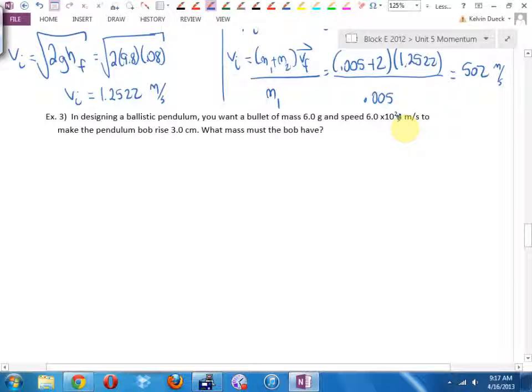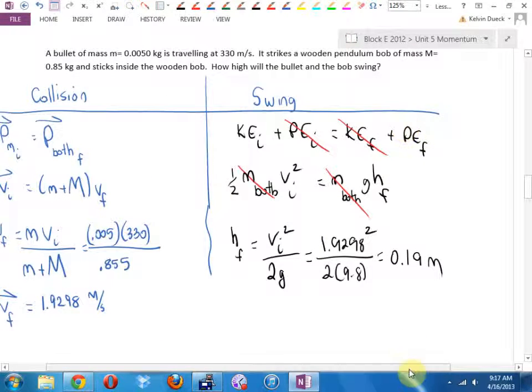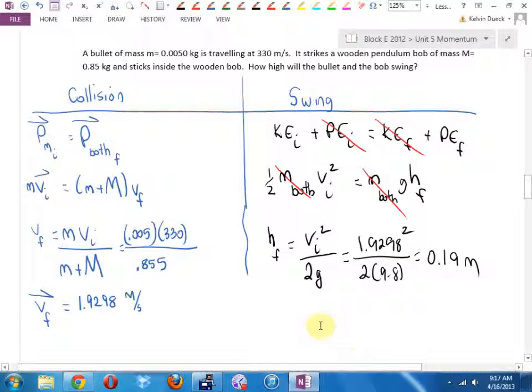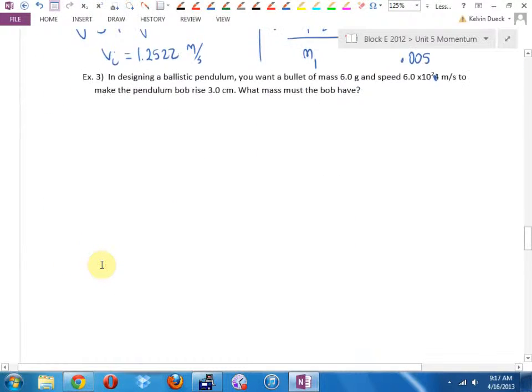To make the pendulum bob rise 3 centimeters, what mass must the bob have? Well, let's go back to this original situation here. If you knew your height and you knew your speed, could you actually figure out what mass you wanted it to have? Yeah, you could solve for big M. I'm not going to bother.